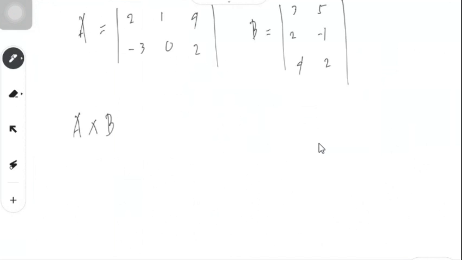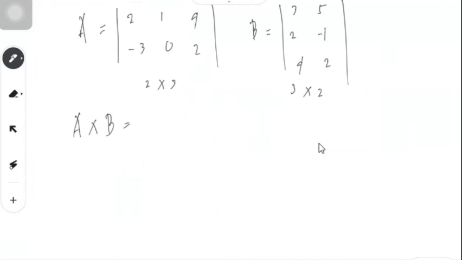First, we have to check if they are conformable. Tingnan natin. The size of matrix A, how many rows? This is 2 rows, then 3 columns. While matrix B, we have 3 rows, then 2 columns, no?